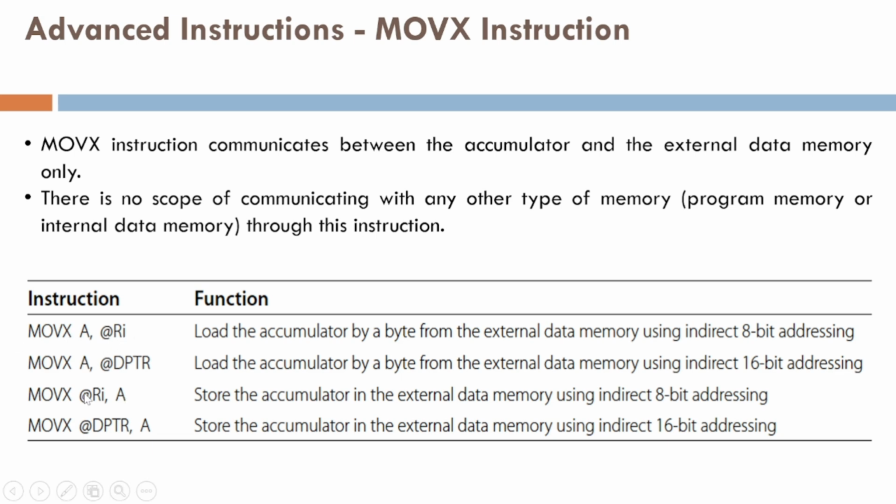Similarly, in this case, the life becomes a little bit easier where the address of the external memory, always remember, is always 16 bit. So you have to use a mechanism to address that particular 16-bit external memory. Remember, the data memory inside the microcontroller can be addressed using 8 bits, but not the external memory.